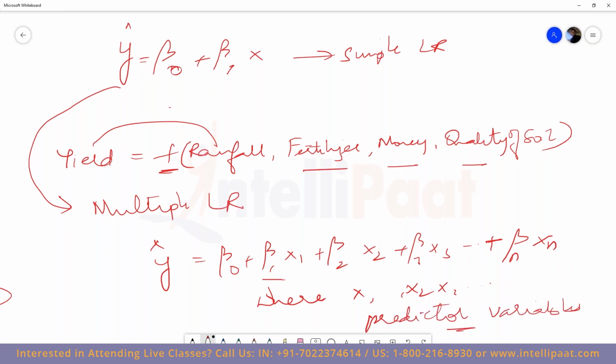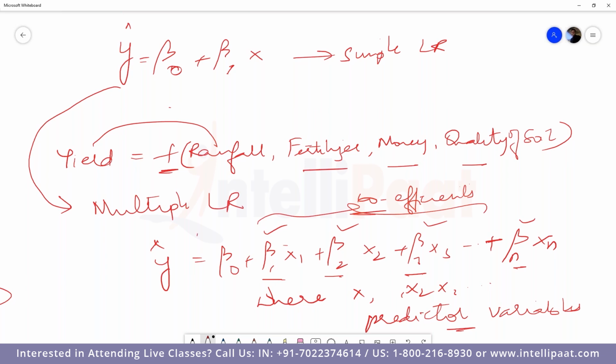And beta naught, beta 1, beta 2, and so on, just like m was your slope, these terms are typically called coefficients. And beta naught is still your intercept.